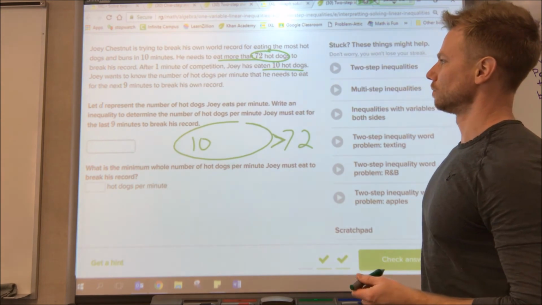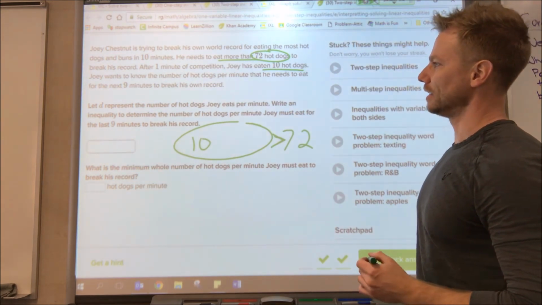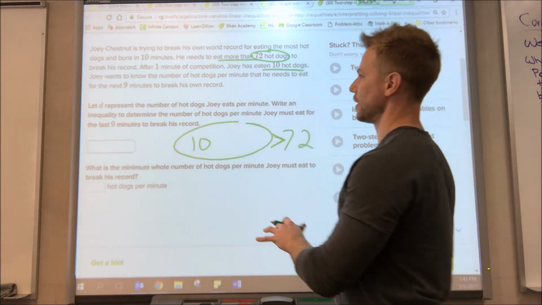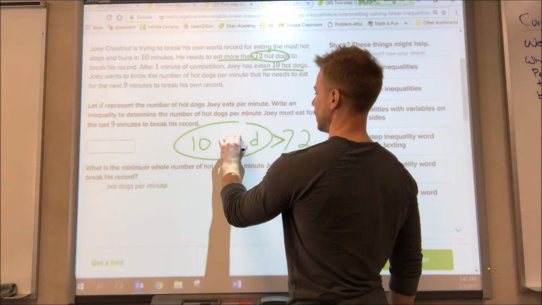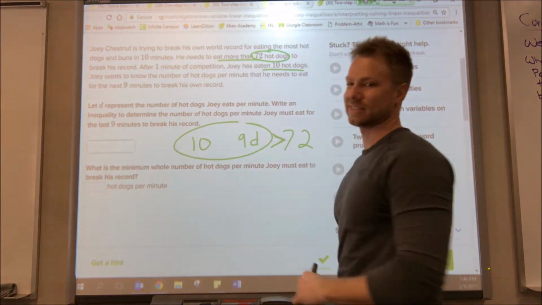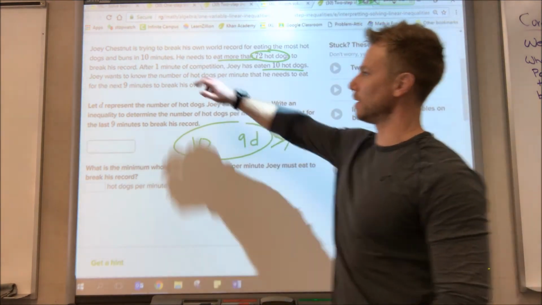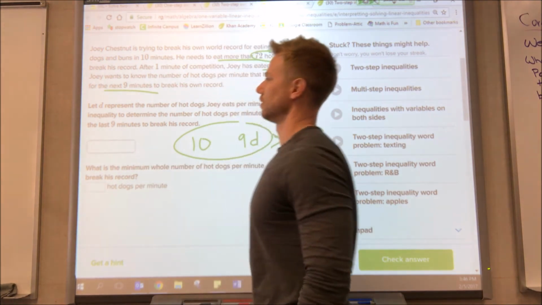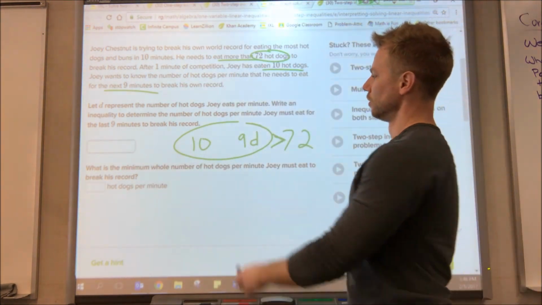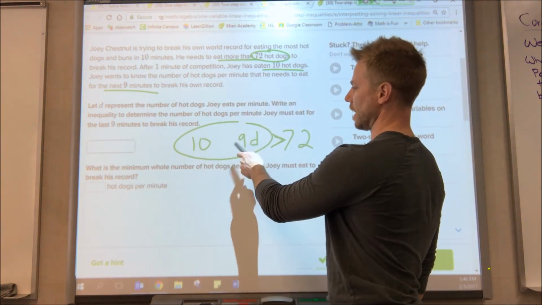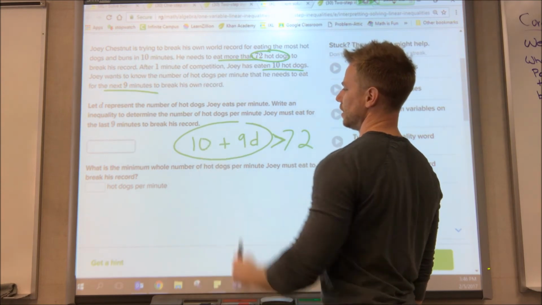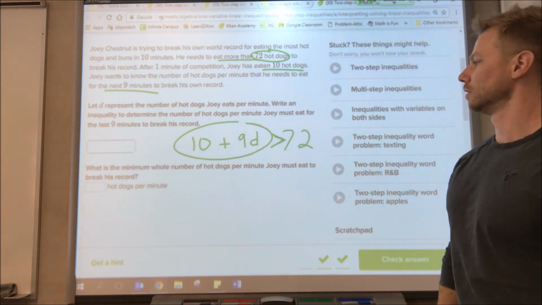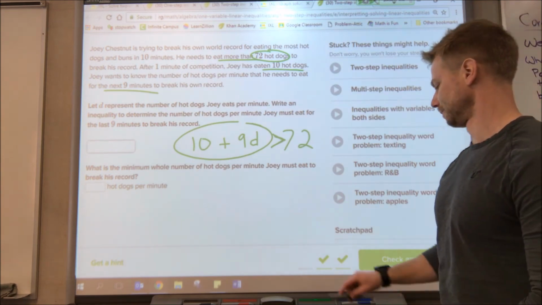We don't know how many he's going to eat per minute, but however many he eats per minute, we need to multiply by 9 because he has 9 minutes left. 10 minutes total, 1 minute's gone. He has 9 minutes left to eat hot dogs. So however many per minute times 9, plus the 10 he already ate, has to be greater than 72 in order to break his record.